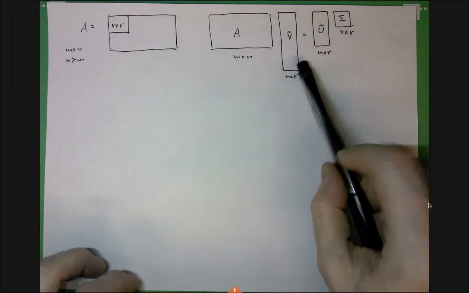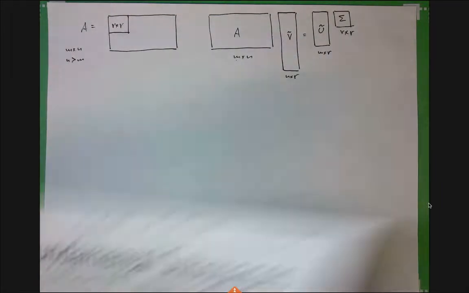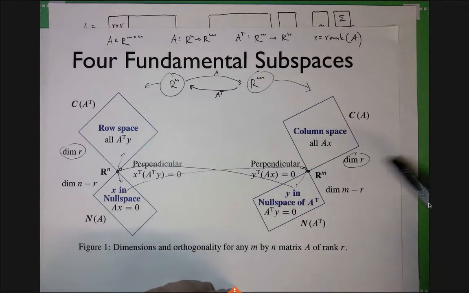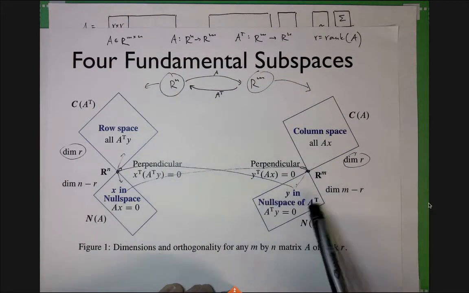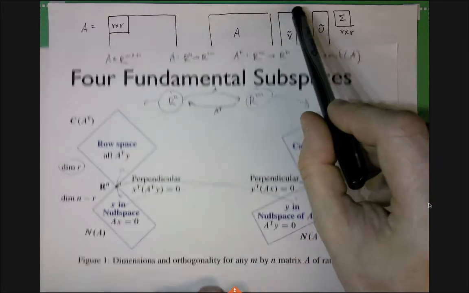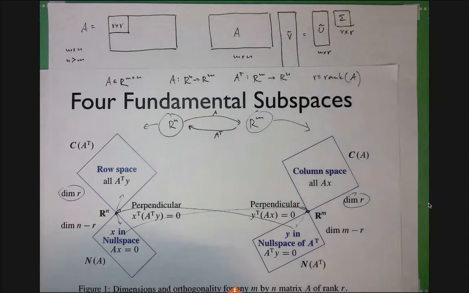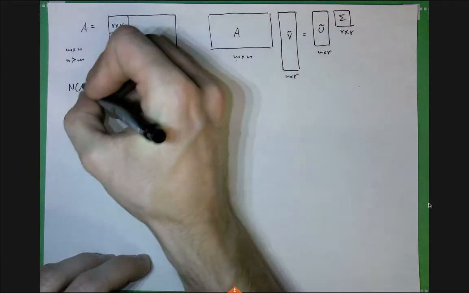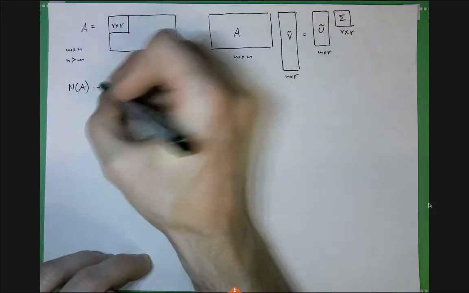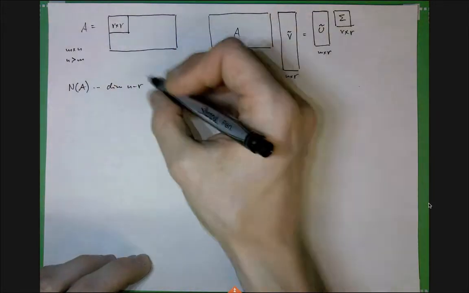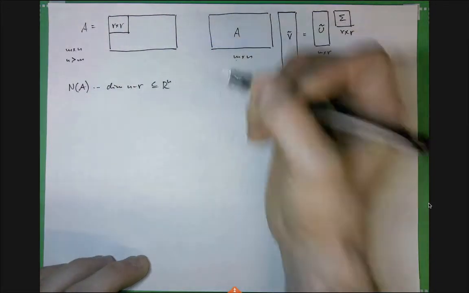So far this only considers the basis for the row space and column space, right? And you can be wondering, what about these null spaces? I can build the null spaces into this matrix picture relatively easily. So look at the null space of A. That is a dimension n minus r subspace, and it's a subspace of R to the n.